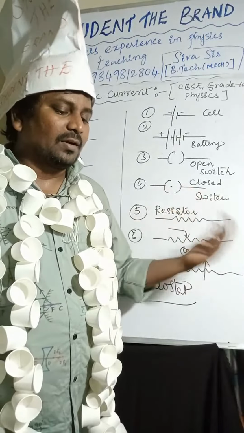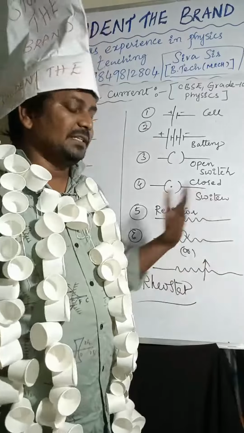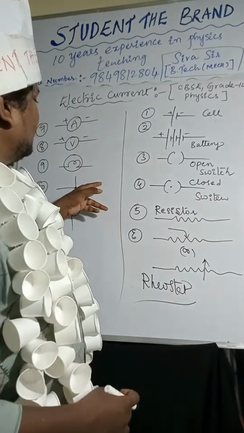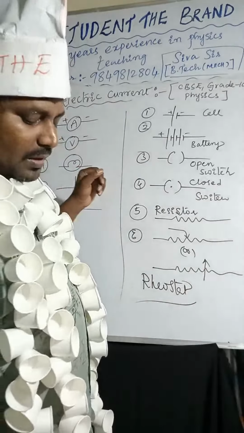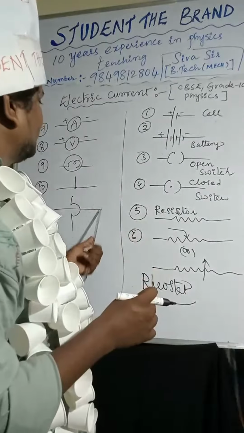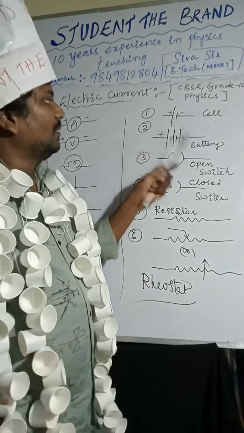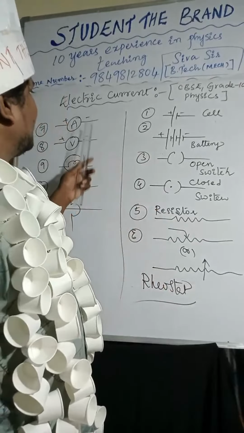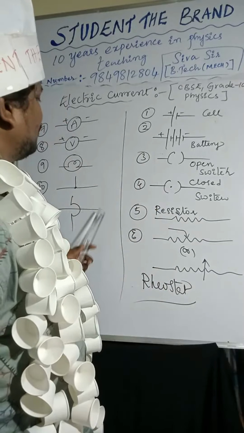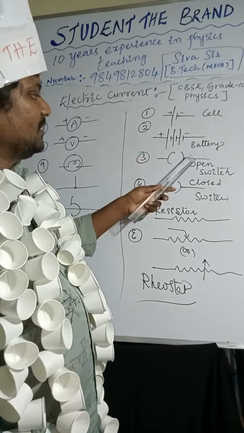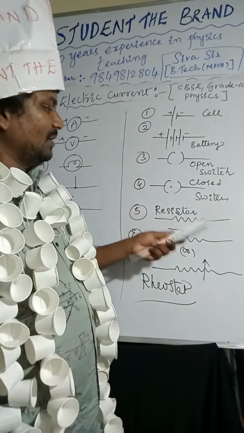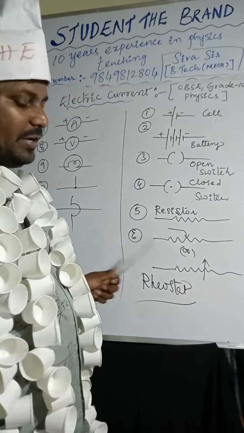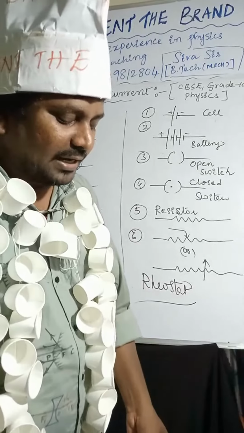Then ammeter, voltmeter, bulb, wire joining, wire crossing. So this is about electrical appliances.